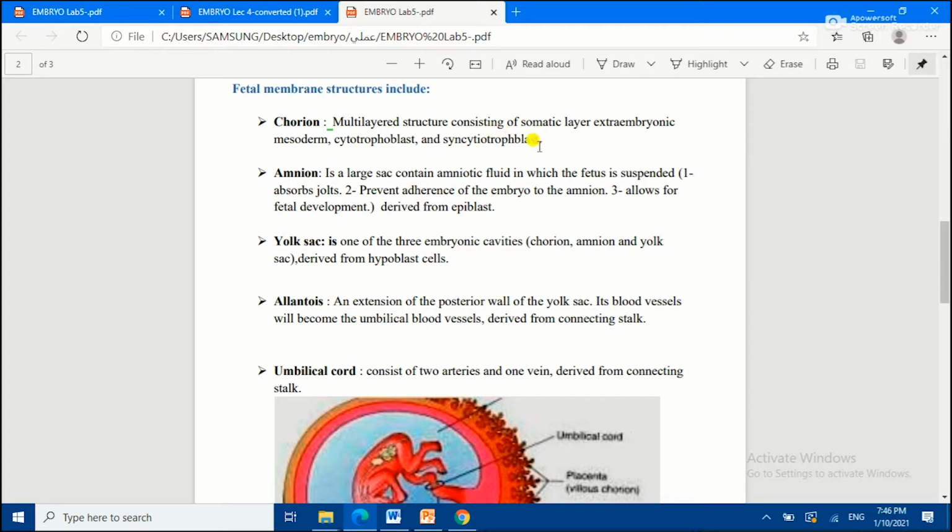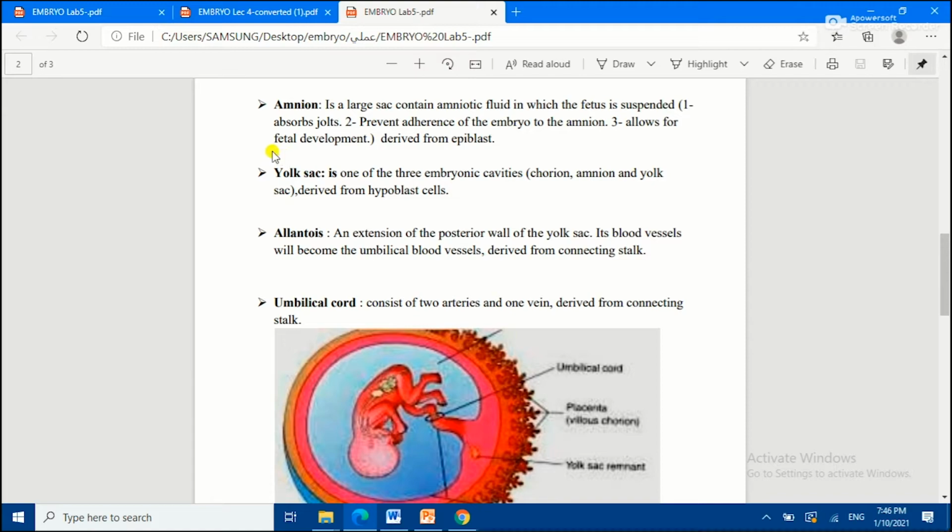So if I ask you what is the constitution or origin of the chorion, you are going to answer: extra-embryonic somatic mesoderm and cytotrophoblast with syncytiotrophoblast. These three layers will form the chorion.